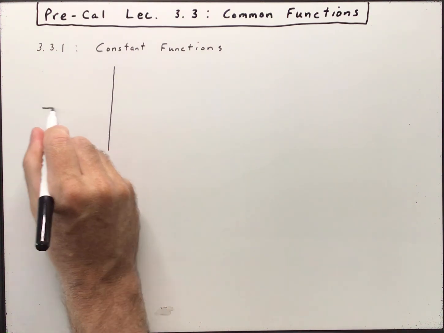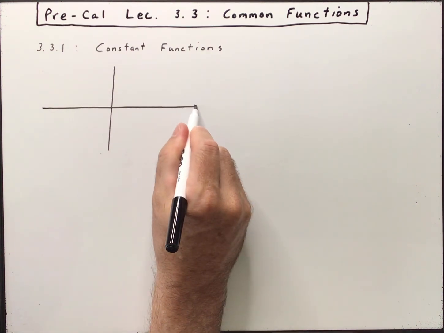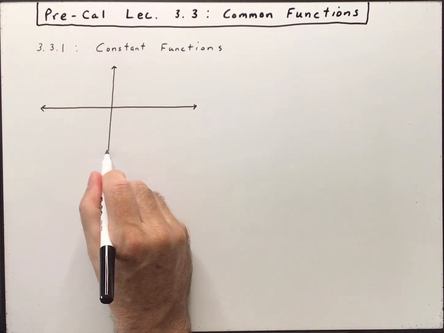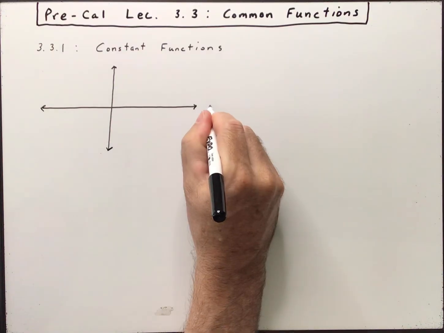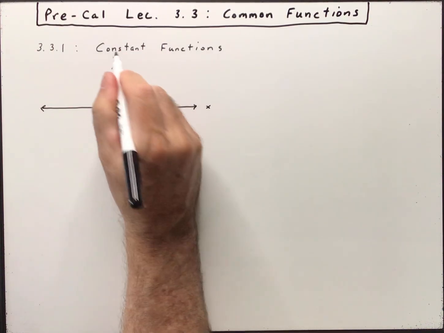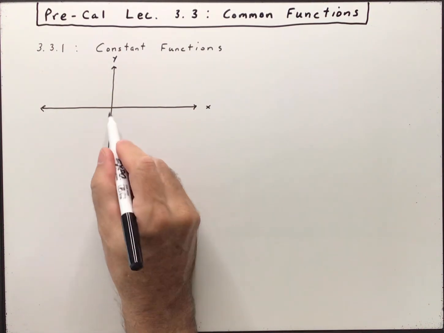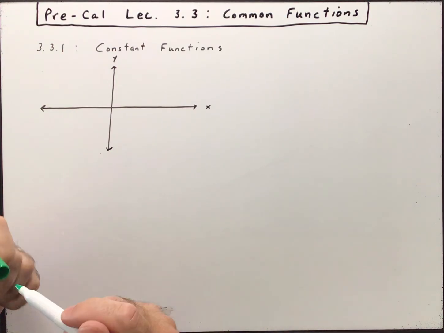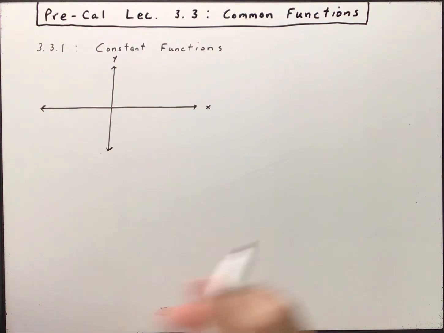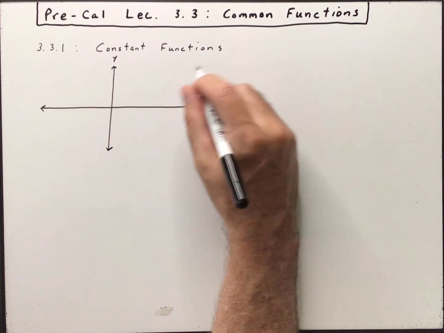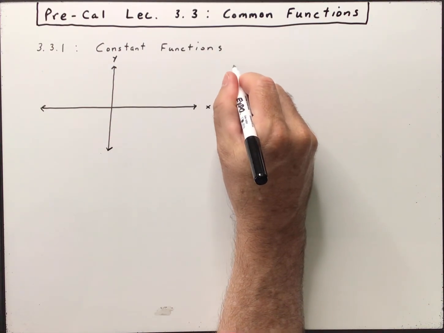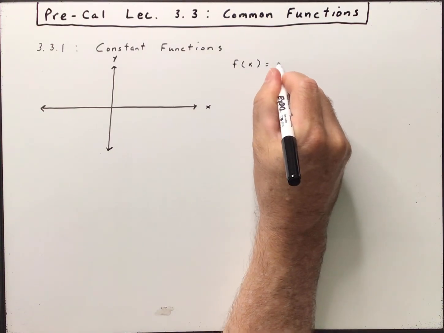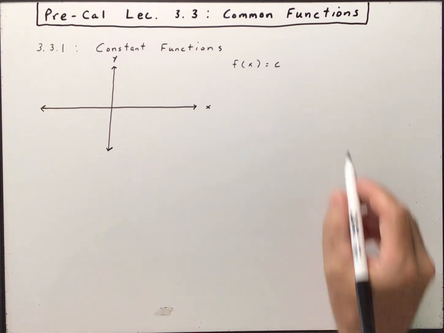All right, so let's say we have this situation. So the x-axis, the y-axis. We've got the origin here at 0, 0. I'm going to draw. So a constant function, I'll draw the actual lines in a different color, would be f of x is equal to some constant c.